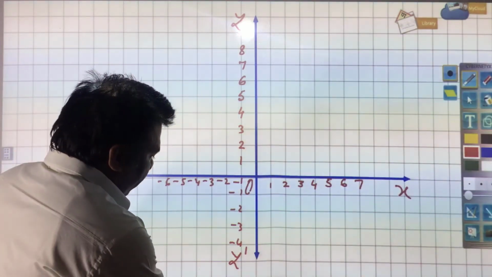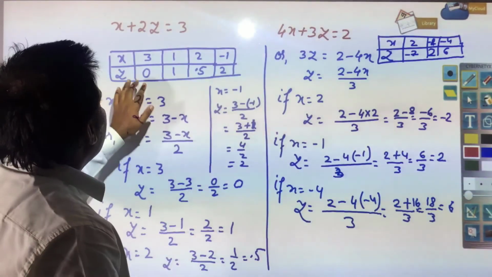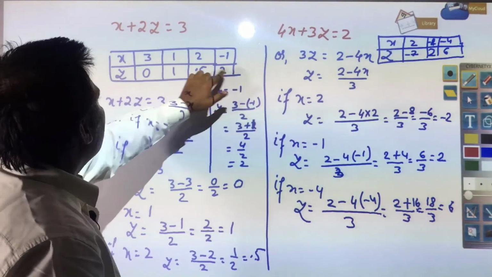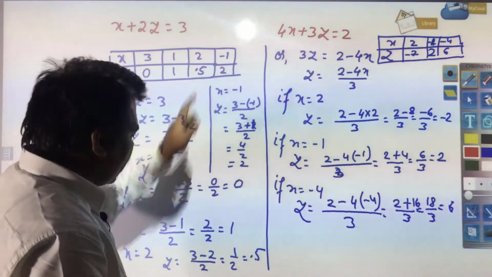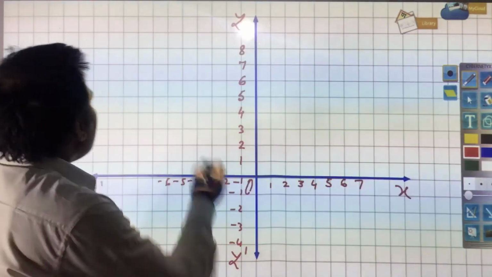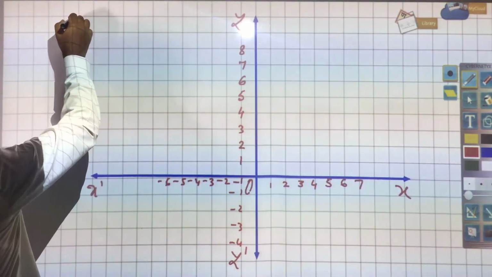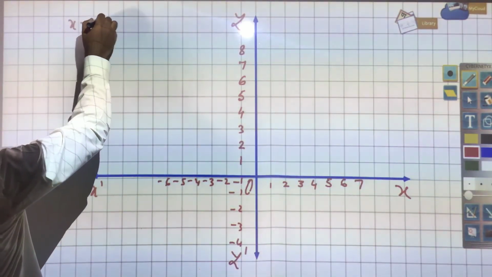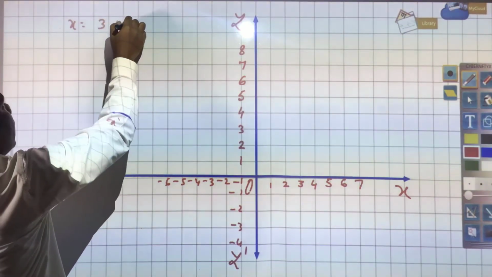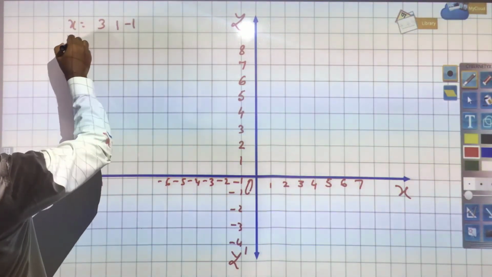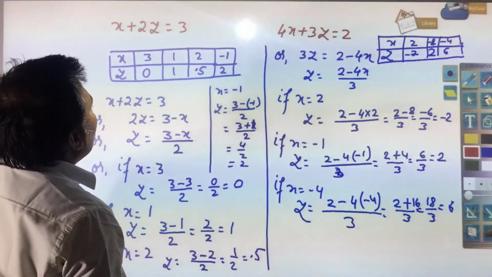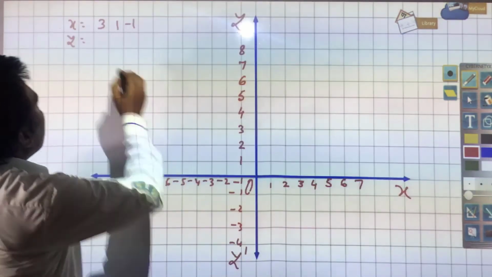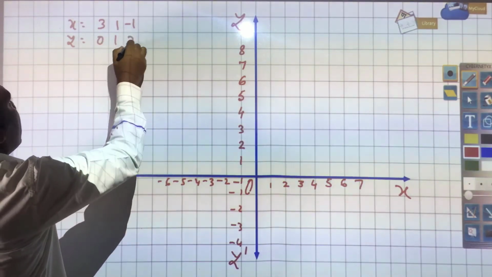Now, we have the values of x and y. In this table, you have x as 3, 1 and minus 1, and for y you have 0, 1 and 2. That is one table.